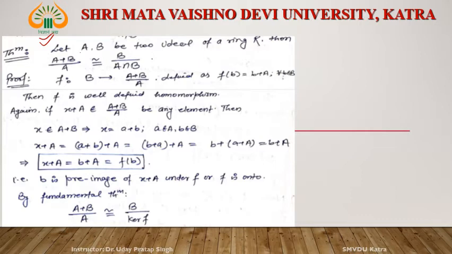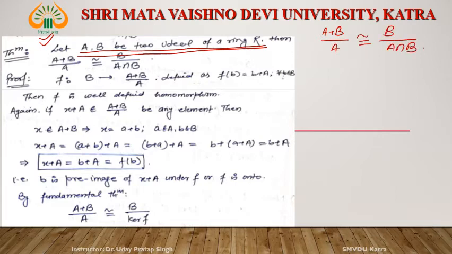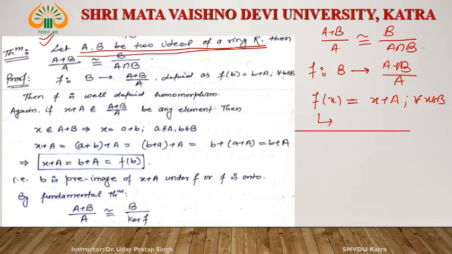If A and B are any two ideals of ring R, then we have to show that (A + B)/A is isomorphic to B/(A ∩ B). Define f from B to (A + B)/A, and define it as f of x is equal to x + A for all x belonging to B. Defined in this way, this f is a well-defined map.